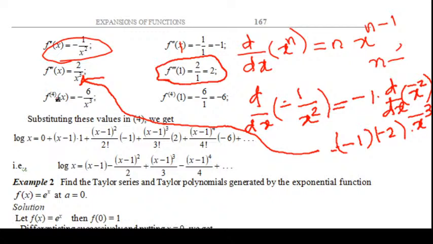Now the fourth derivative of f is the derivative of 2 by x cube, that is d by dx of 2 by x cube, which is equal to 2 times d by dx of x raised to negative 3.